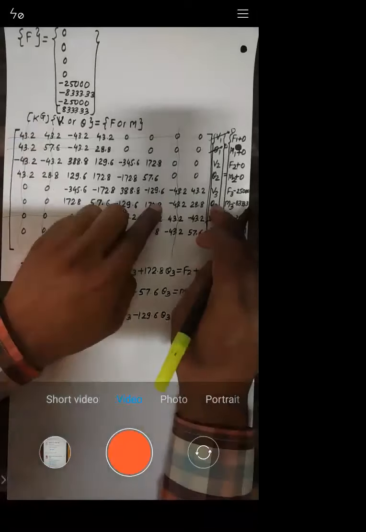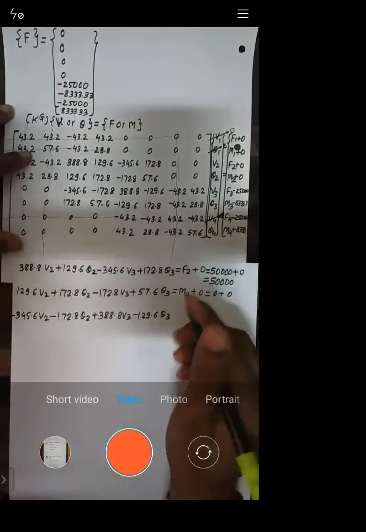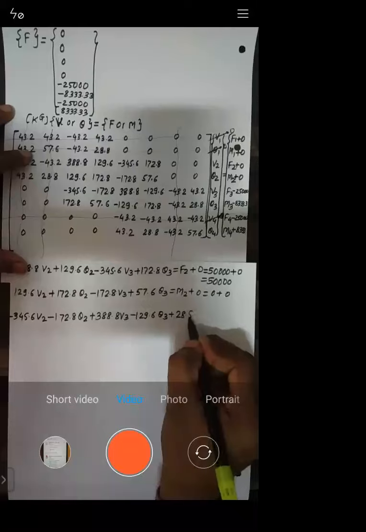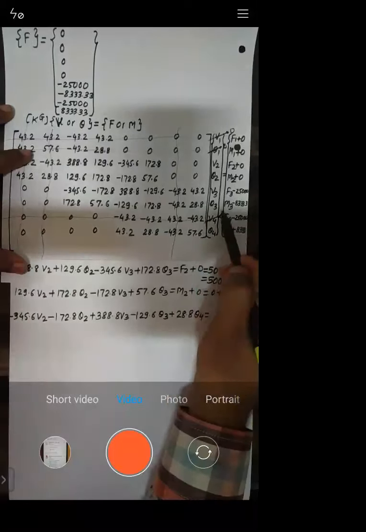Now this into this is 0, right? What is remaining? 28.8 into theta 4 is equal to M3.